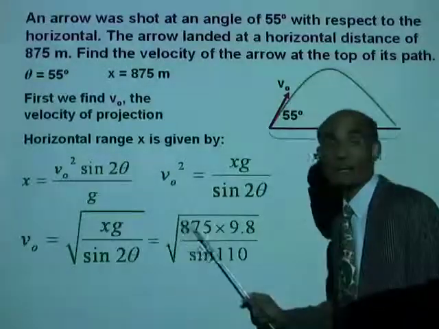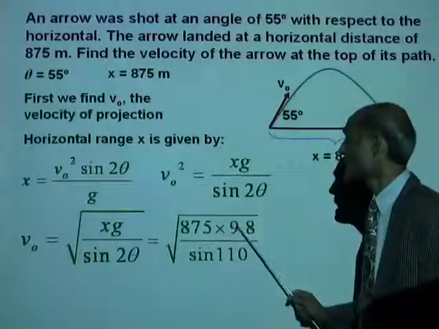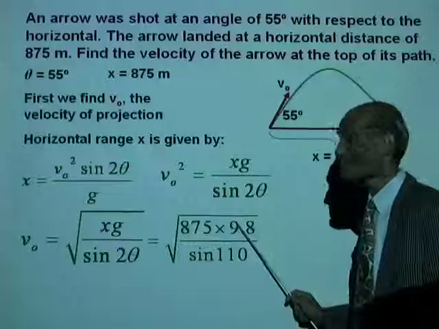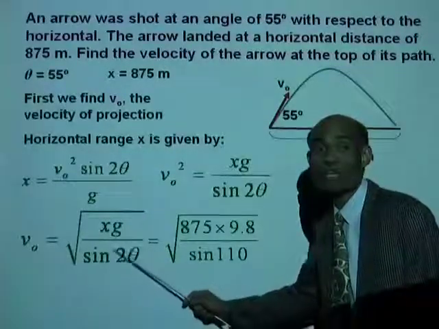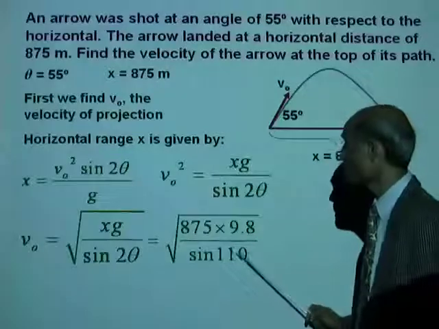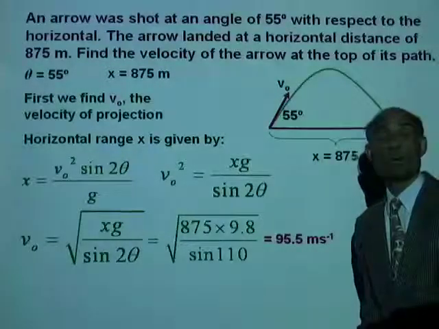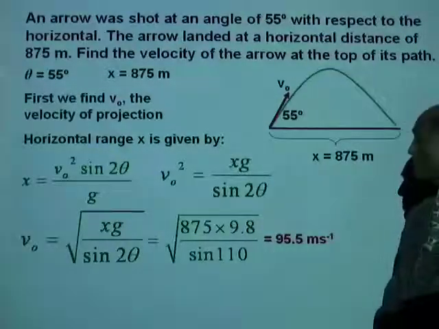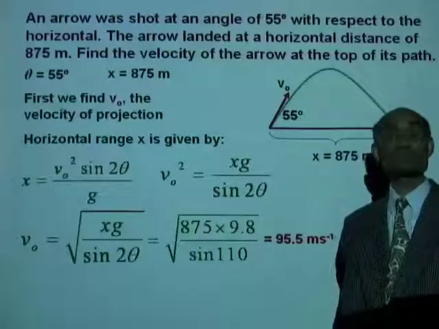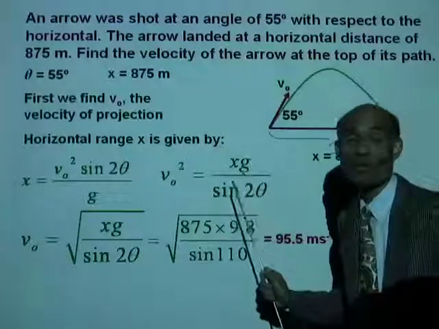Now, x equal to 875 meter, g is 9.8 meter per second squared, and theta is 55 degrees, 2 theta is 110 degrees. That gives you the velocity of projection, 95.5 meter per second.